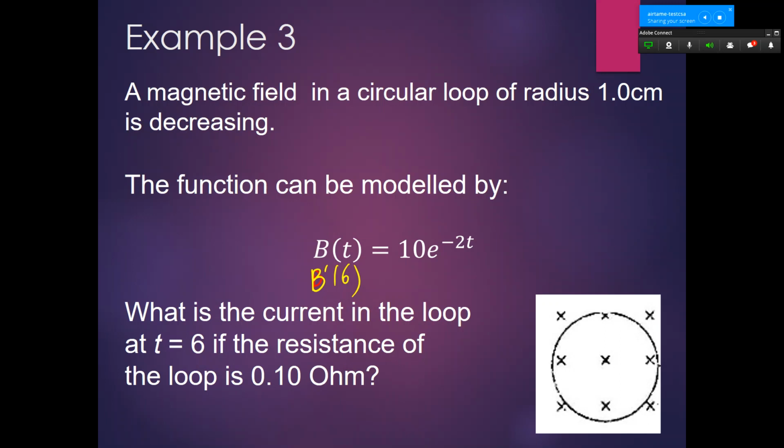So in this case, you can use the chain rule. If you can do this in your head, you can. It's not a hard one. The chain rule for derivatives is the derivative of the outside multiplied by the derivative of the inside. That's what the chain rule is.